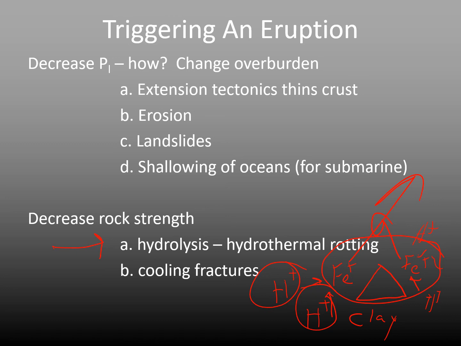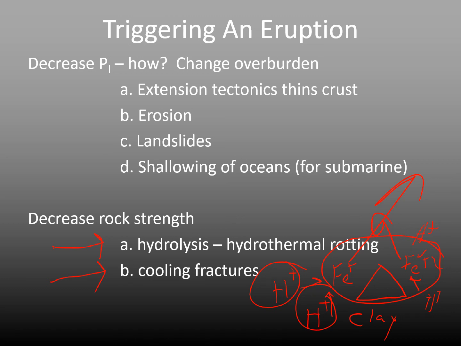So what can happen at volcanoes is that they can just sit there for the longest time. Nothing changes. Magma pressure doesn't change. Lithostatic pressure doesn't change. But if that material rots enough, it becomes weak, allows a path, and then that magma can rise through it and make its way to the surface.